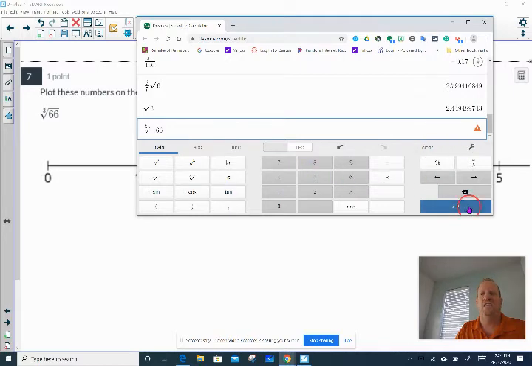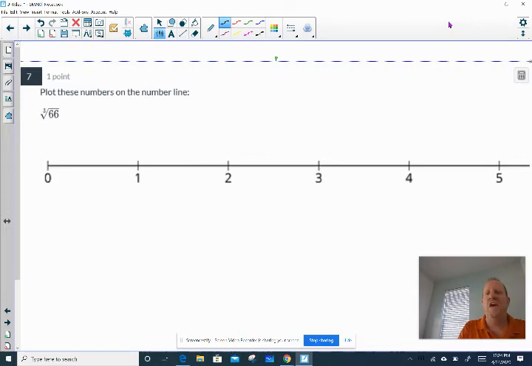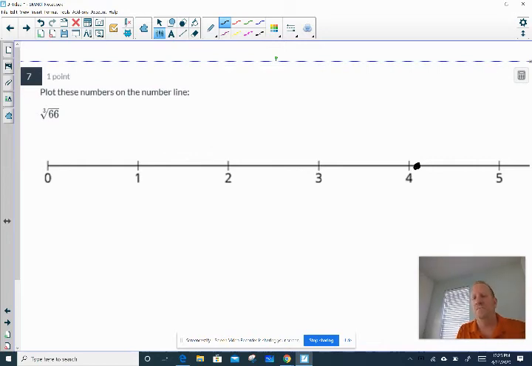Let's just get rid of that one. Cubed root of 66, my answer is 4.04. So that answer would have to have a point someplace right in there. So that's the letter I would choose.